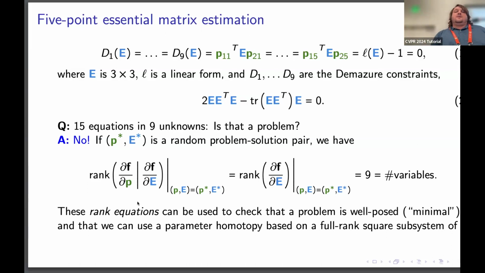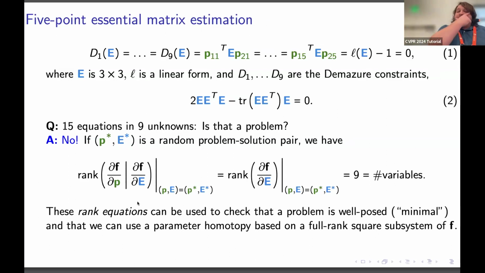Okay, so rank equations can be used to check that a problem is well posed. And so we can then use parameter homotopy using just a full rank subsystem of F. In other words, I have this 15 by 9 Jacobian matrix. I pick any 9 equations which give me a full rank submatrix. Those can be used in a parameter homotopy.